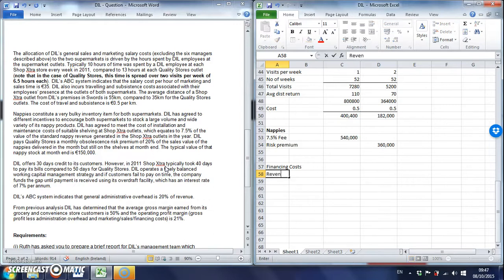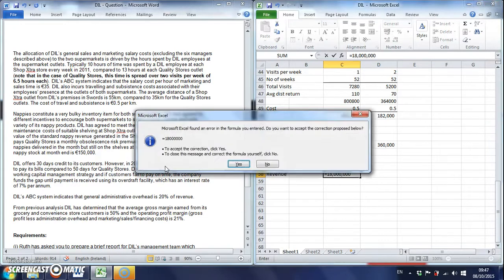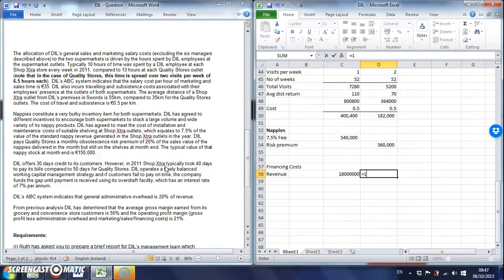So we'll first look at the revenue. The revenue here is 18 million. And the revenue here is 12 million. Okay, so that's the first part. You'll be dealing with a bit more of this in your finance module as well. So if it's 10 days late, what is 10 days worth of sales?